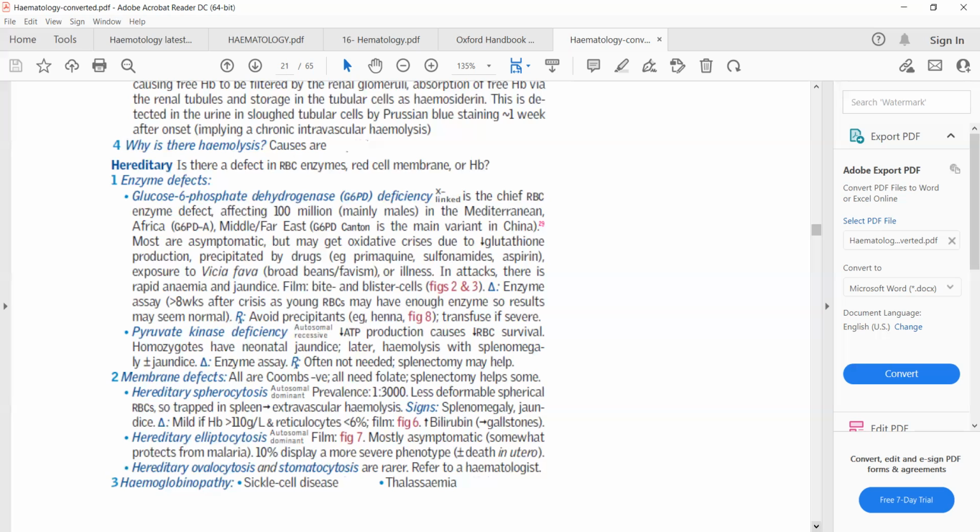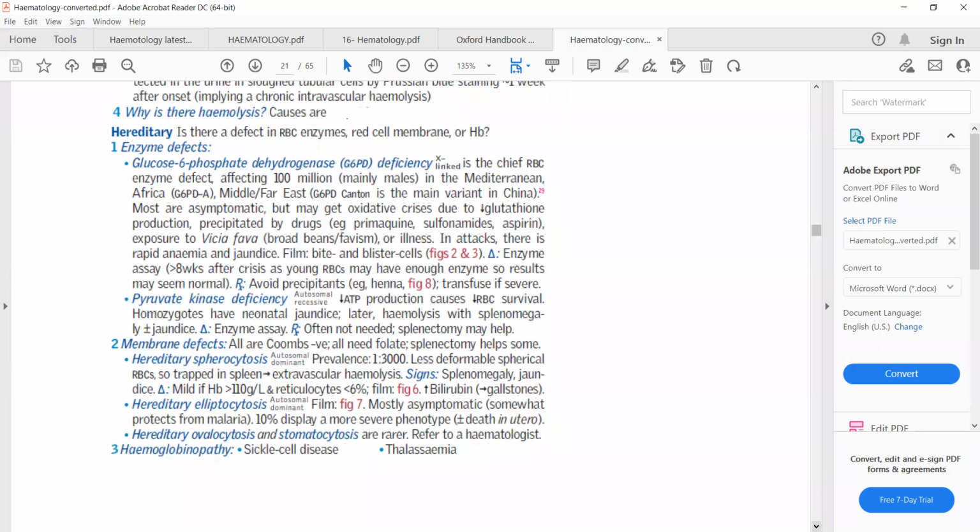Enzyme defects such as glucose 6-phosphate dehydrogenase deficiency can cause hemolysis. How it can cause hemolysis, we will discuss shortly. Membrane defects such as hereditary spherocytosis can also cause hemolytic anemia, and hemoglobinopathies such as sickle cell anemia and thalassemia can cause hemolytic anemias as well.